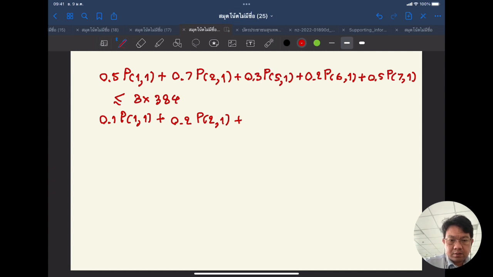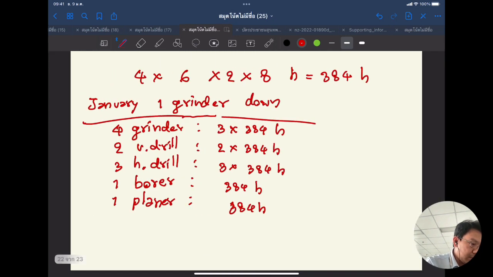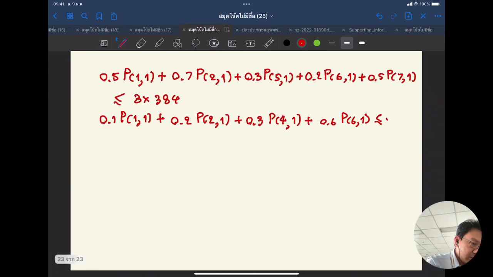We need 0.3 for product 4, and we need 0.6 for product 6. And this number must be smaller than 2 times 384.